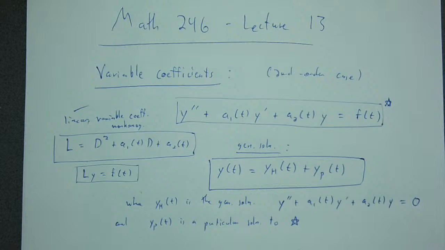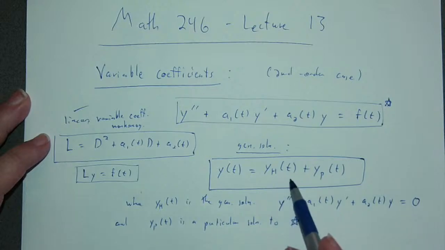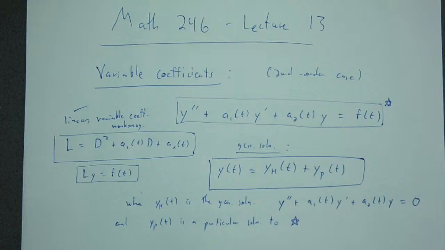Now, what's the process here? Before, with key identities and undetermined coefficients, which were our two methods for dealing with a non-homogeneous constant coefficient equation, the homogeneous solution was easy to find, because we spent a couple of days writing out the general solution to homogeneous equations with constant coefficients.